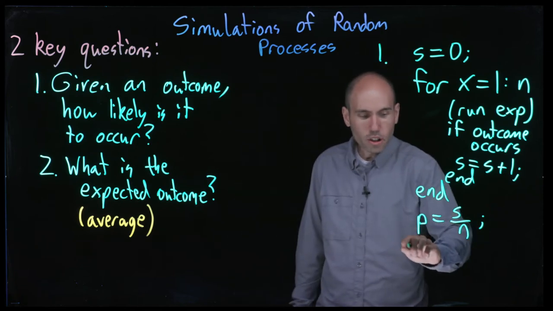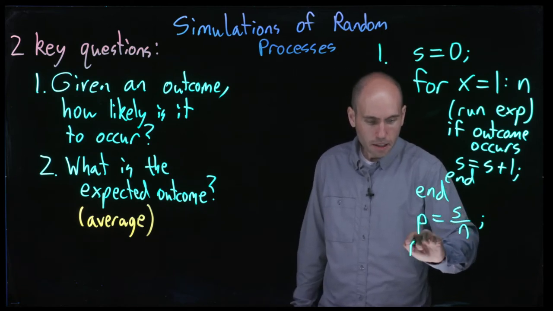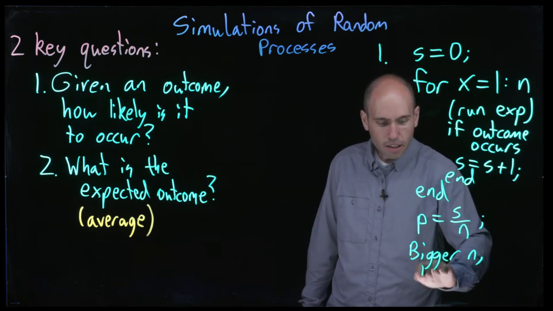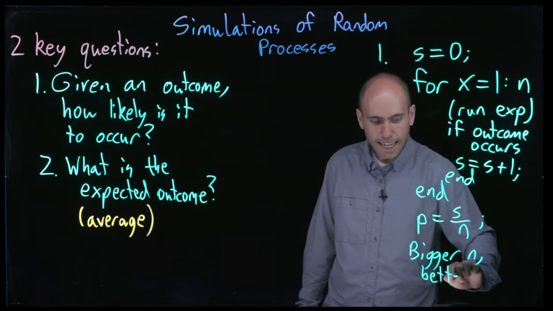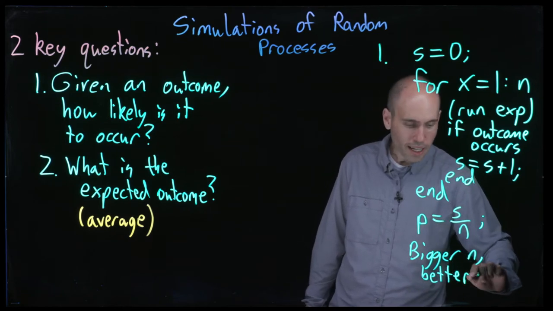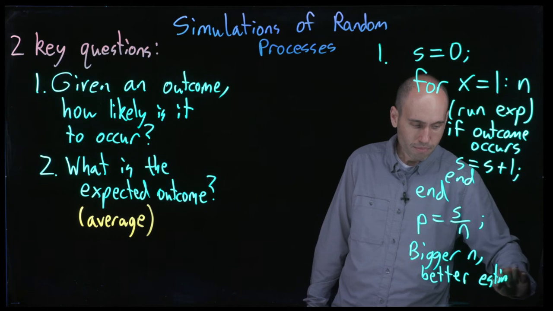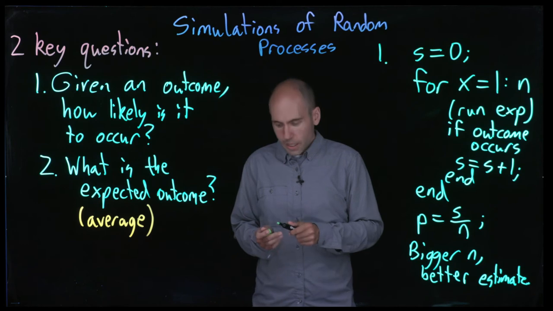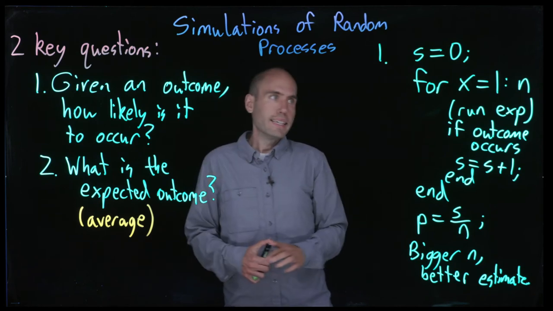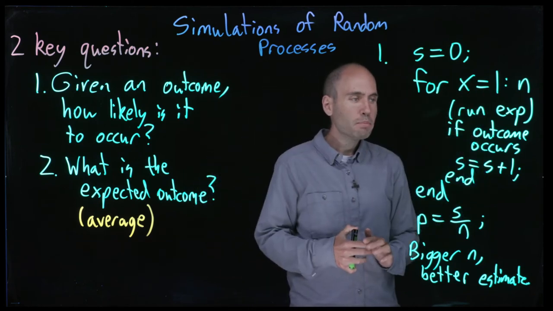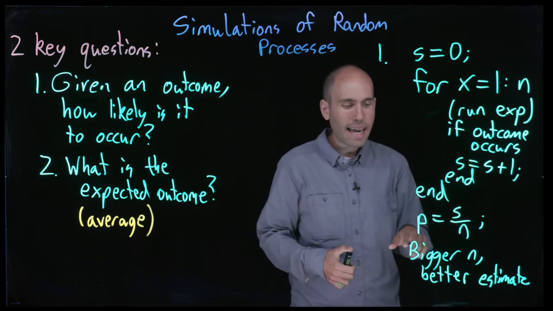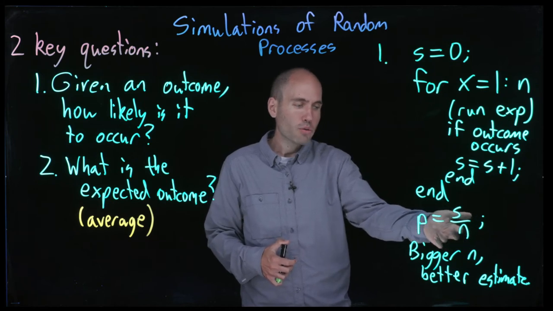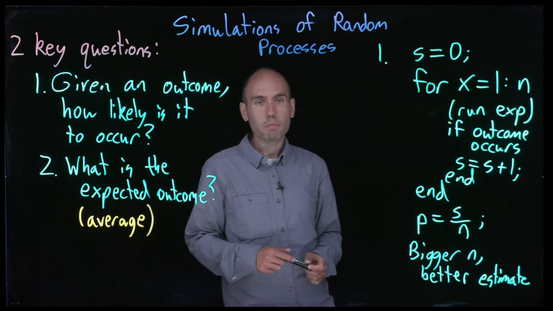And your intuition should be that the bigger n is, the better the estimate. That's not a theorem, that's just some expectation you should have. So that's how we estimate procedure 1: run the experiment n times, take the number of successes divided by n, and that's the probability. So if it happened 50 times out of 100, then the probability would be 0.5.